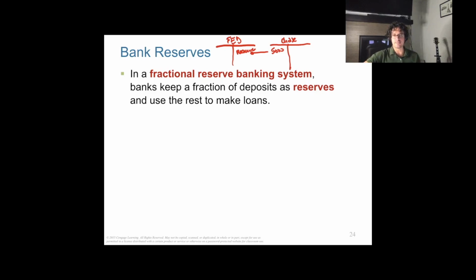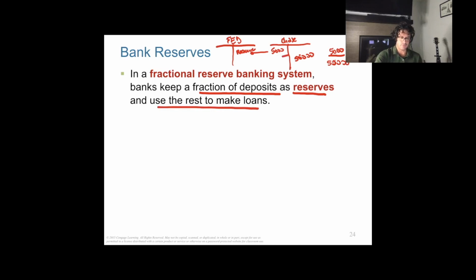In a fractional reserve banking system, banks keep a fraction of their deposits as reserves. In this case, the fraction will be $5,000 with respect to the $50,000 deposits that are in its balance sheet, so 10%. And then it uses the rest to make loans.